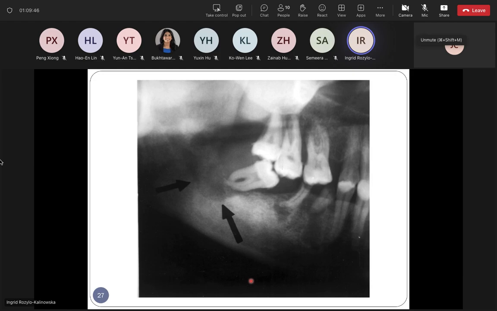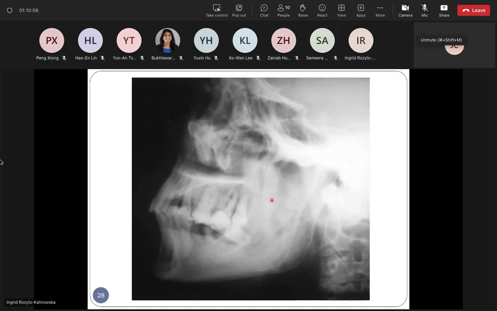So the arrows point out a fairly well limited radiolucency, so the area of bone destruction. And in this area, the tooth has practically lost its bone support.